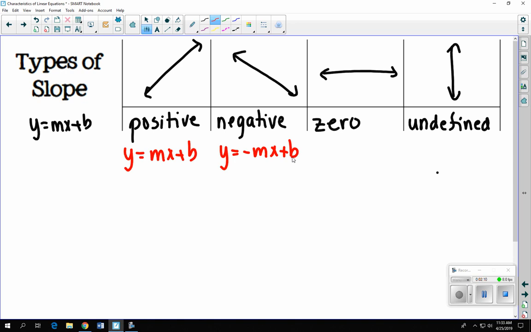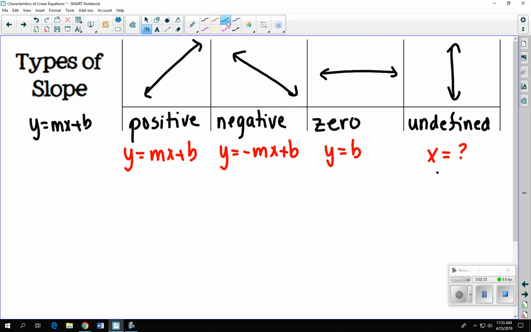Because my line is horizontal, we are just going to look at y equals b. And for an undefined slope, because it is just going up and down, we are going to look at x equals, and I'm going to put a question mark here because we need to look at what number that line is going to cross my x-axis. For a 0 slope, we're looking to determine what number crosses my y-axis.